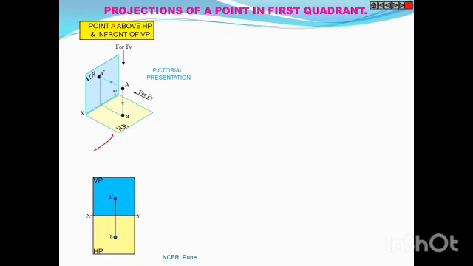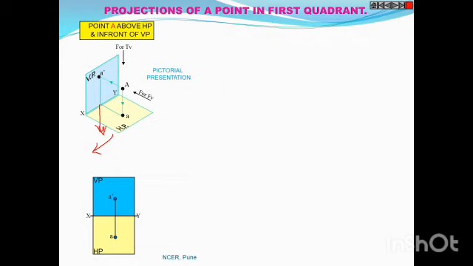After the rotation of the horizontal plane in the clockwise direction, this is the direction of rotation for the horizontal plane, we get the projection, that is the top view of the point, below the xy line in this direction. So here you get the top view.